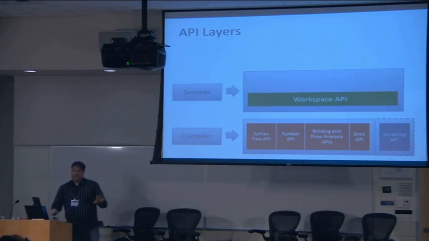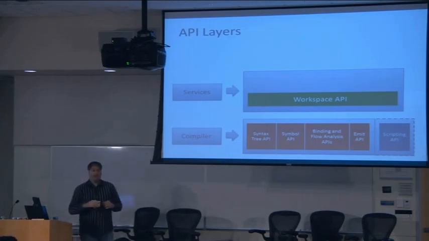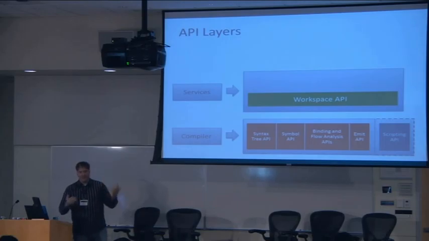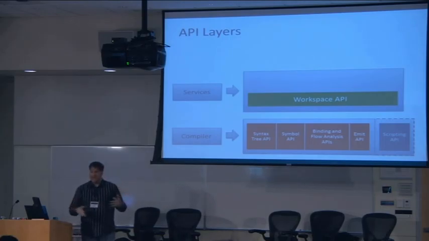Also, what happens in the workspace API is that those high fidelity separate compiler APIs and the symbols that come out of them become a unified view within the workspace API. So if I load up a solution that has C# and Visual Basic projects in it, it looks the same to me as an API consumer.